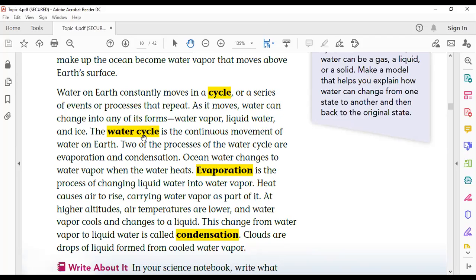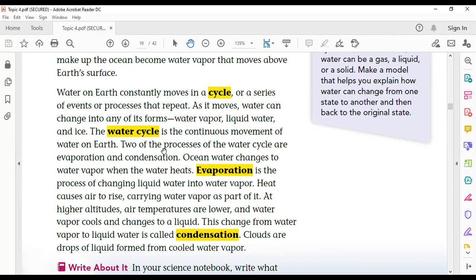As I told you, the water cycle has three processes: evaporation, condensation, and precipitation. The first process in the water cycle is when water evaporates from bodies of water, from land, even from your body. When water evaporates, it changes from liquid water to water vapor.